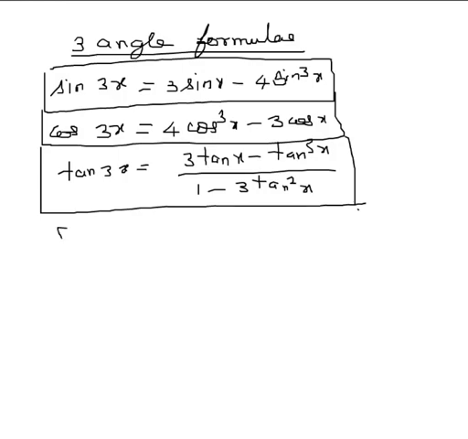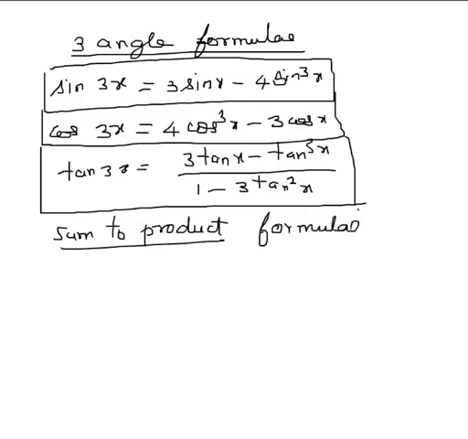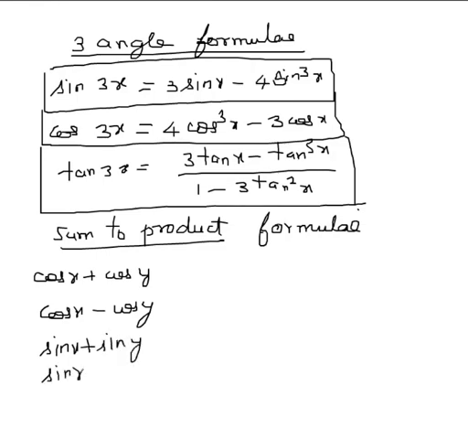Then the next one is the sum to product formula. Cos x plus cos y, the sum of these two. Cos x minus cos y, sin x plus sin y, sin x minus sin y.